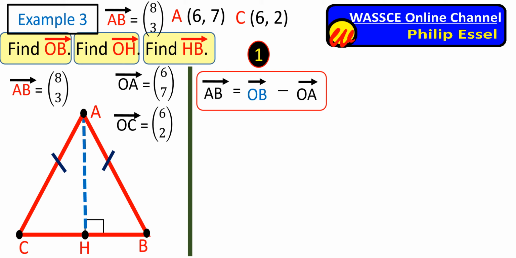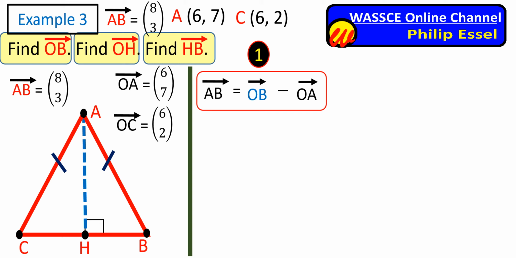The reason why we selected this relation is because from the question we know what the vector AB is. In fact, the vector AB is the vector 8, 3. We also know what the position vector OA is. That is the vector 6, 7.